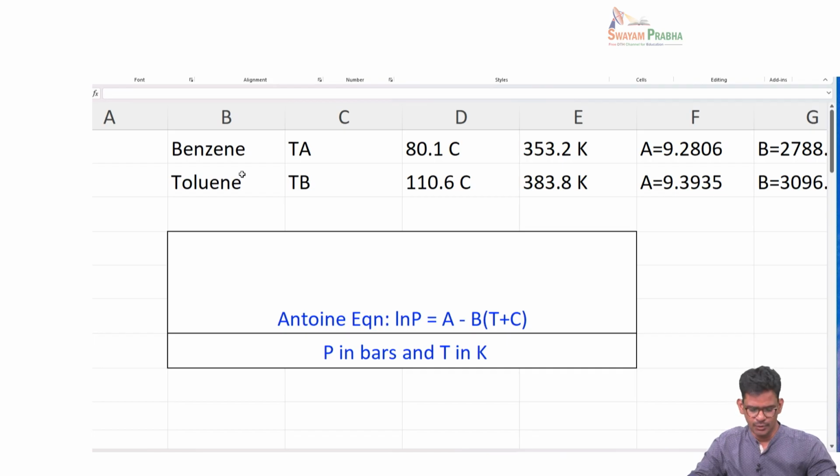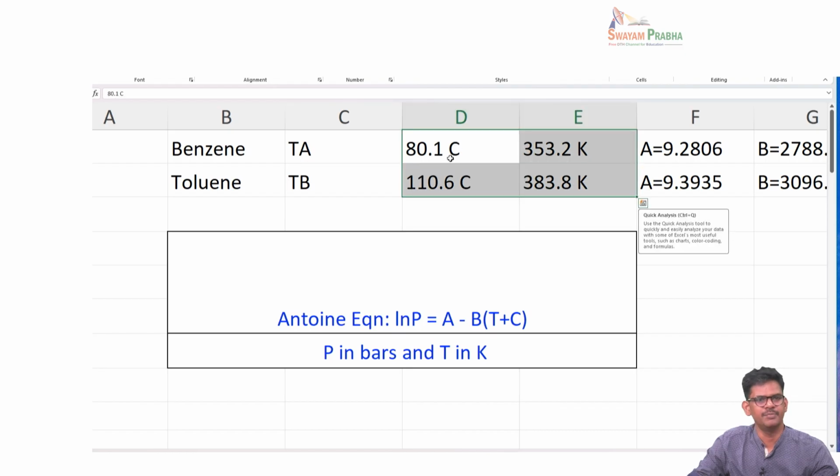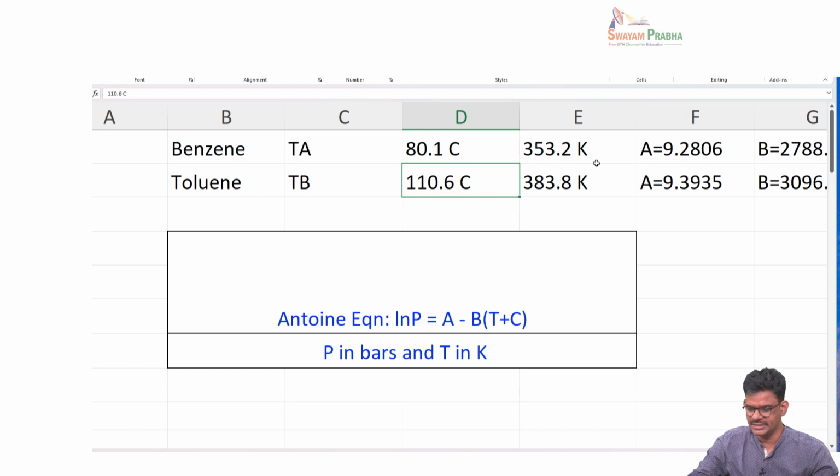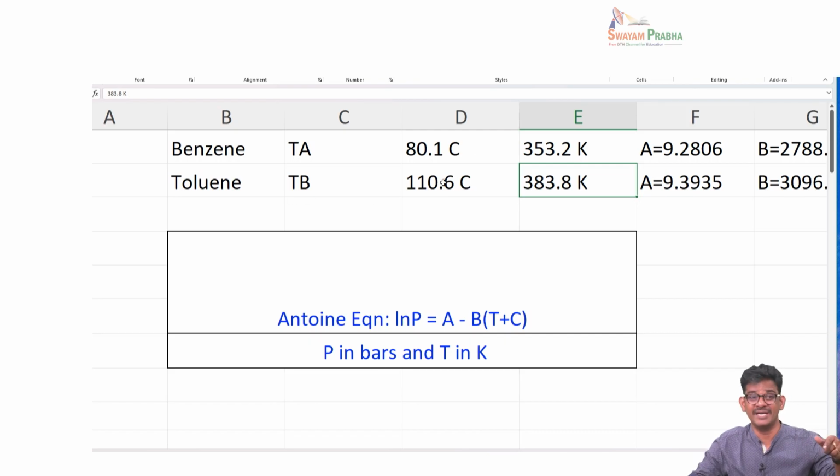Let's say I want to do this calculation for 1 bar. At 1 bar, the boiling points TA and TB are given in Celsius as well as in Kelvin. Benzene boils at 80 degrees and toluene at about 110. They are well separated in boiling point, but chemically very similar.